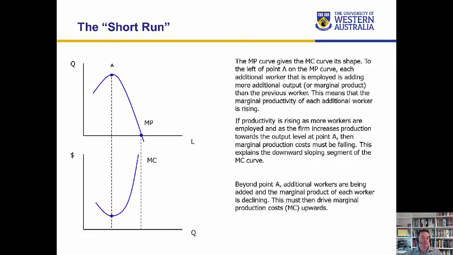Well, there are various reasons given in different textbooks, but the main reason and the most intuitive one is that as you add more and more workers along this horizontal axis in the top diagram, these workers can begin to specialize. With one worker, that worker needs to do everything from the accounting to the marketing to the manufacturing to repairs. That person needs to do everything.